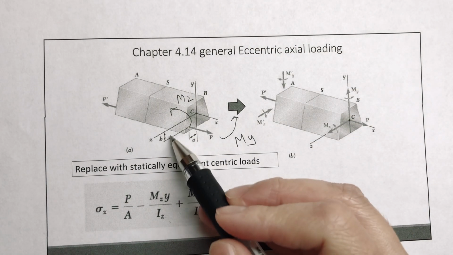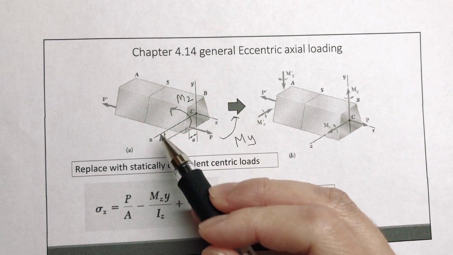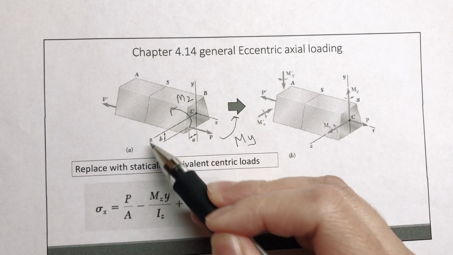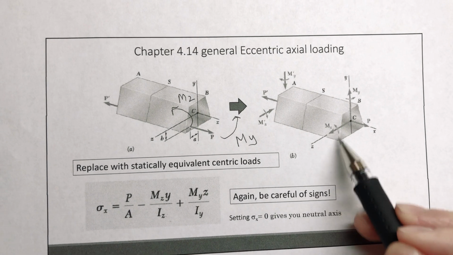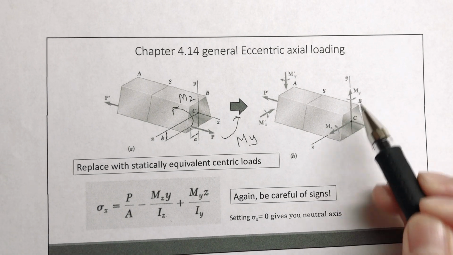Okay, with B as the moment arm, so it's going to go upwards like this. So make sure you understand the direction of these moments right here.